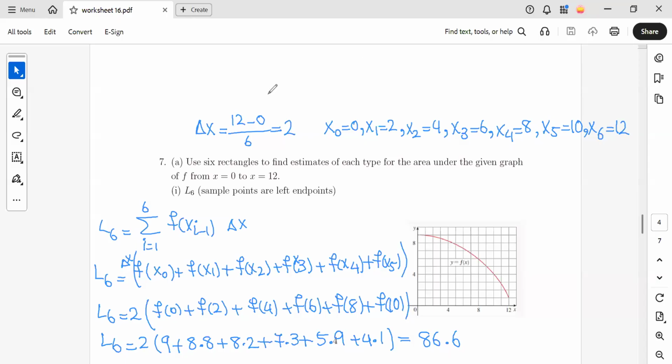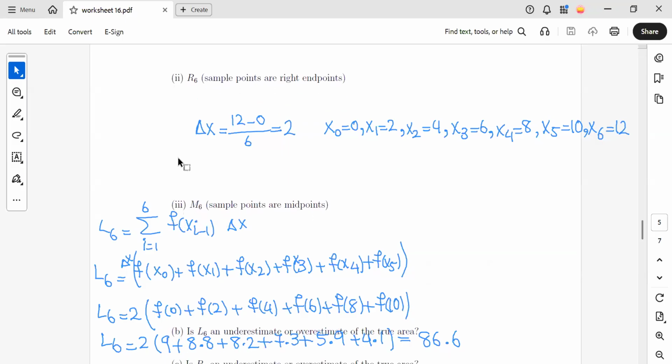Now let's do the next one, which is using right endpoints. For using right endpoints, we are going to use the points from 1 to 6 as we had before.